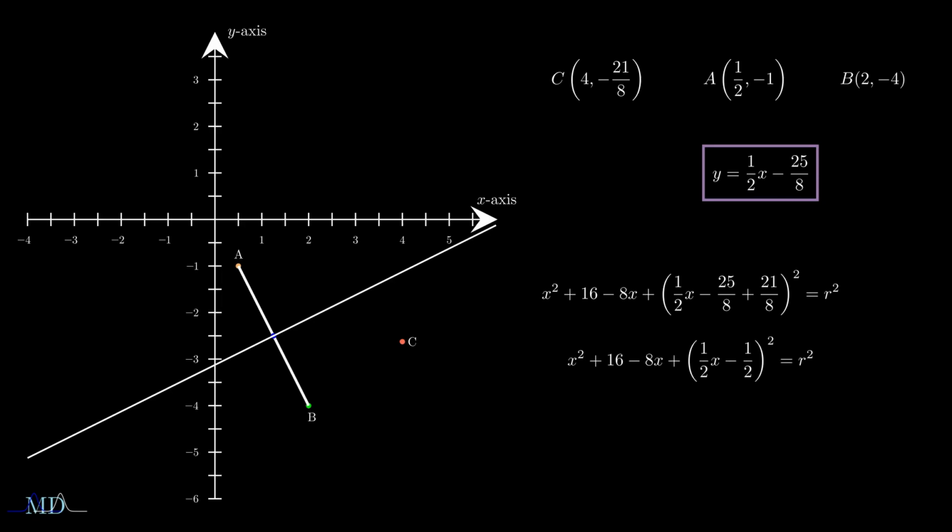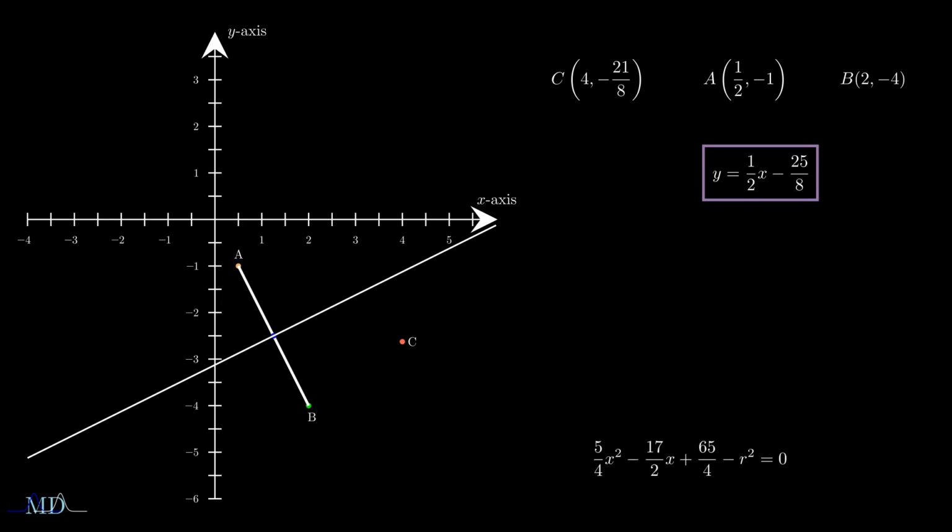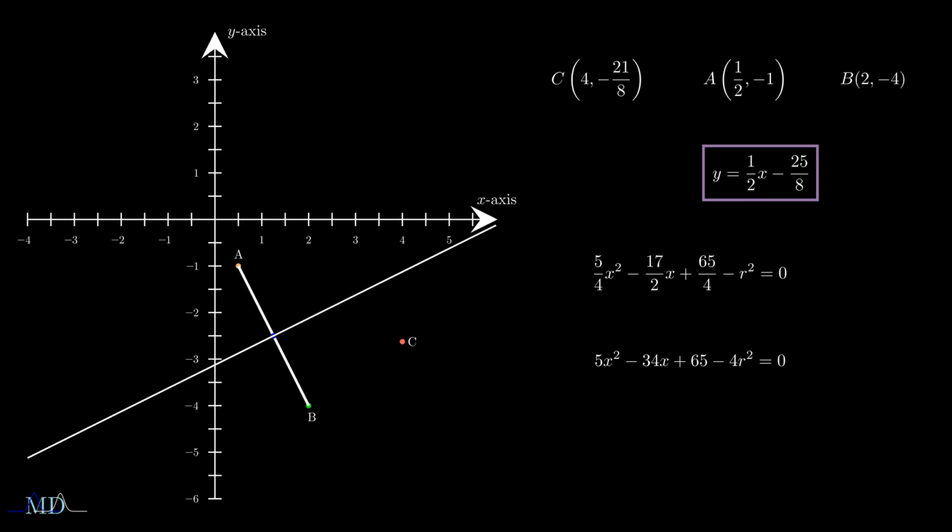Doing the calculations, we get 5/4 times x squared minus 17/2 times x plus 65/4 minus r squared equals 0. We multiply by 4 each member of the equation, and we get 5 times x squared minus 34 times x plus 65 minus 4 times r squared equals 0.